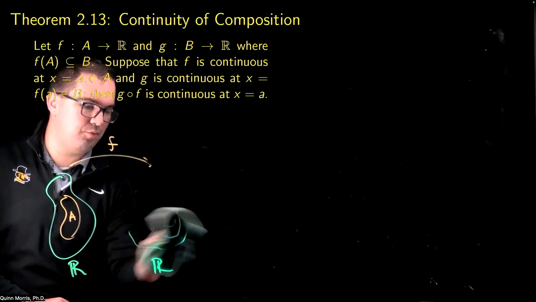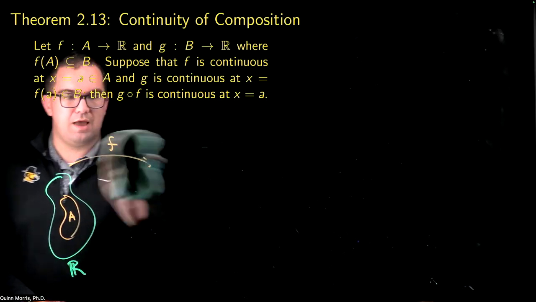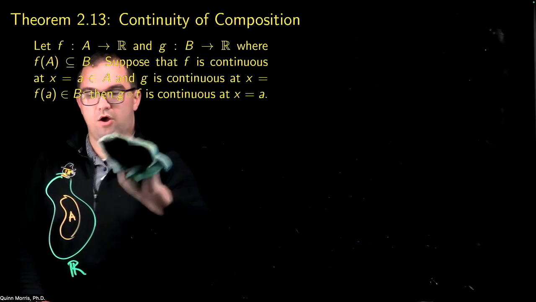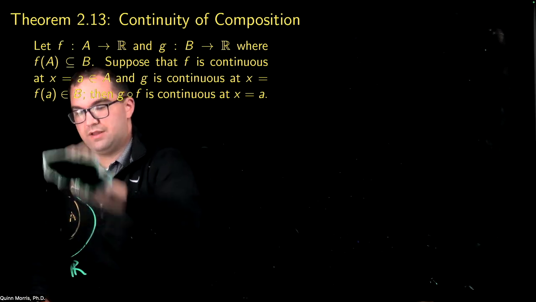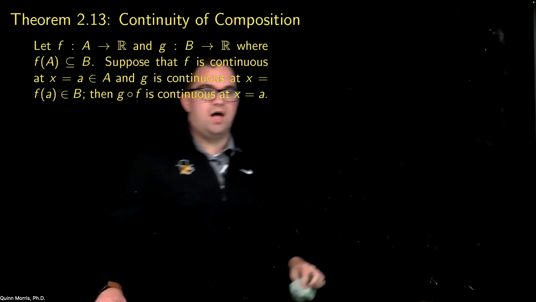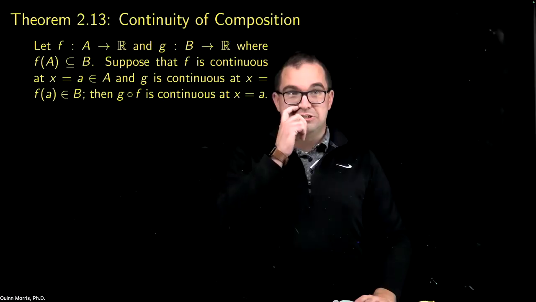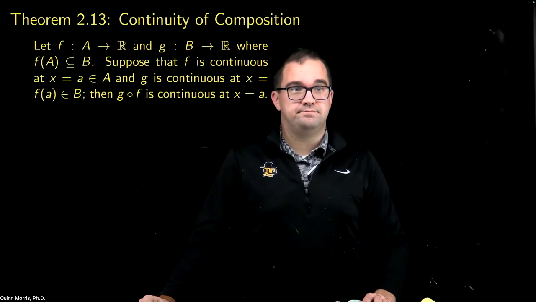There's one for isolated points, and there's one for accumulation points. Now, if we are at an isolated point of the domain, so if A is an isolated point of the domain, then automatically G compose F will be continuous, right?